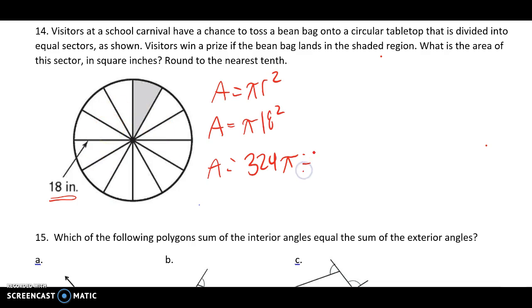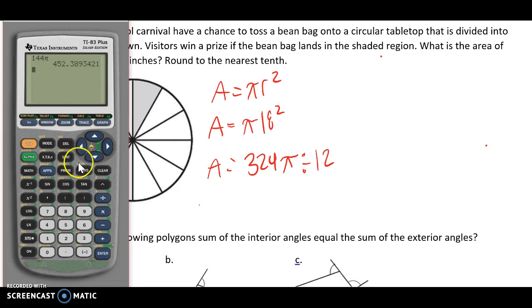Since we know we have equal sectors, we can divide that area by how many sectors there are: 1, 2, 3, 4, 5, 6, 7, 8, 9, 10, 11, 12 sectors. We can divide that by our 12 even sectors because they tell us in the question that they're equal. So put that in the calculator.